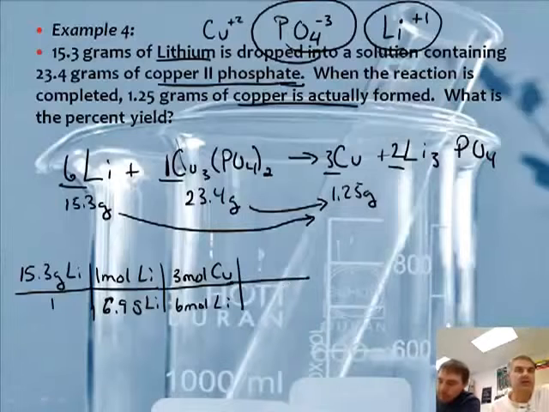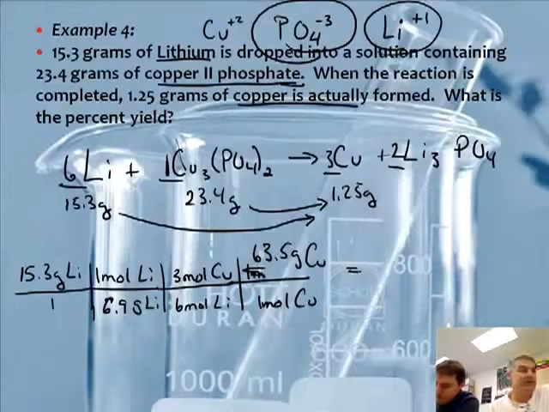And then 1 mole of copper to 63.5 grams of copper. And I get 70.4 grams of copper.